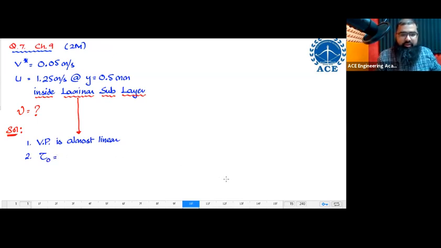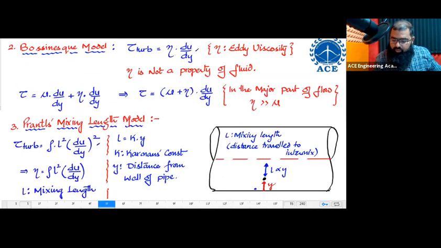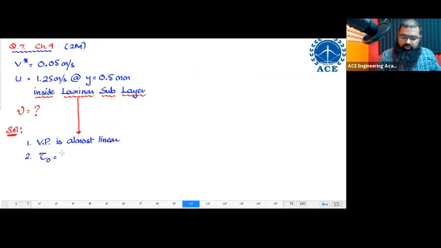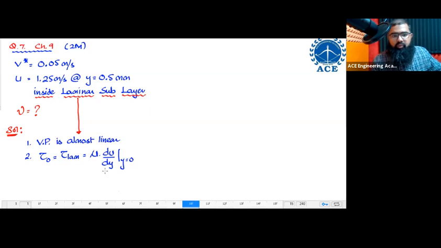Please remember, some time back I told you that shear stress at the wall is supposed to be purely tau laminar. Shear stress at the wall is equal to how much? Purely tau laminar, that is mu into du upon dy at y equal to 0.